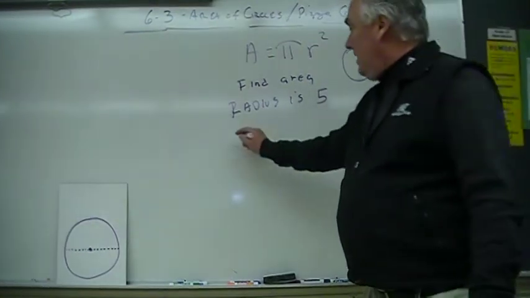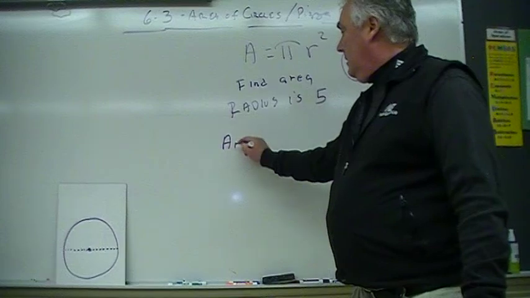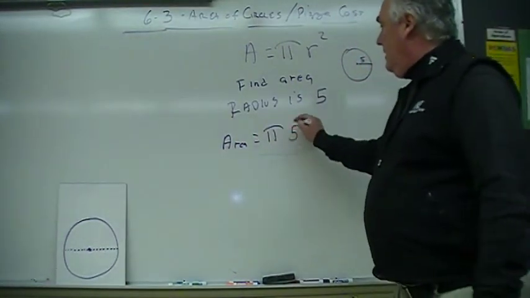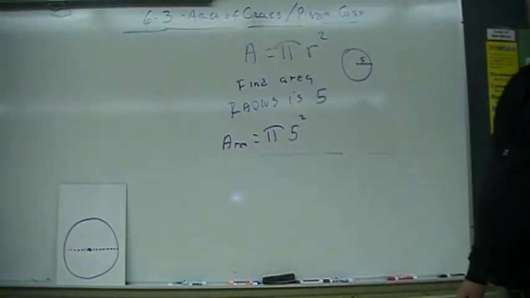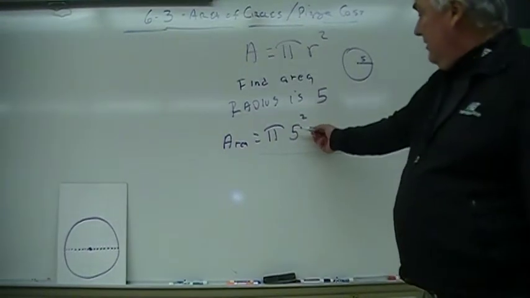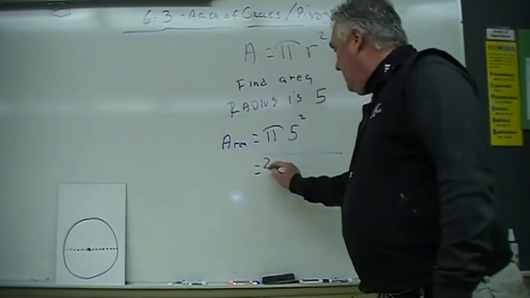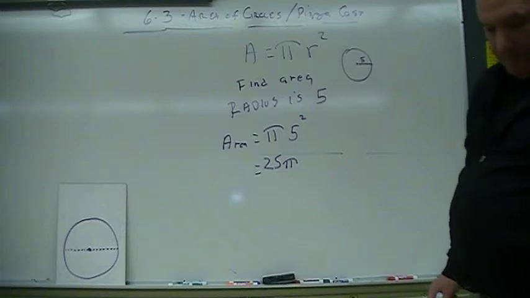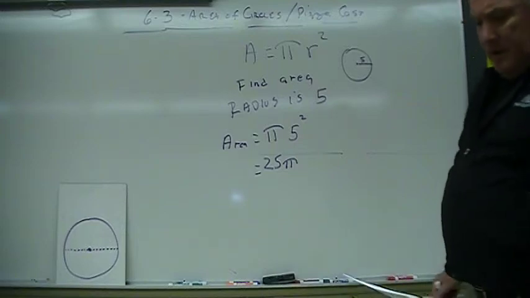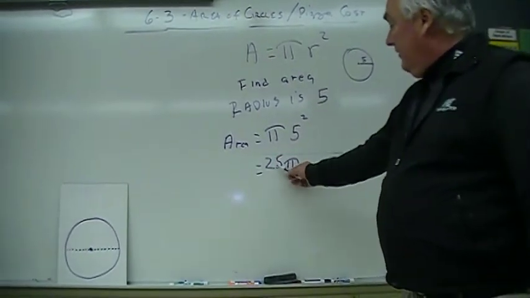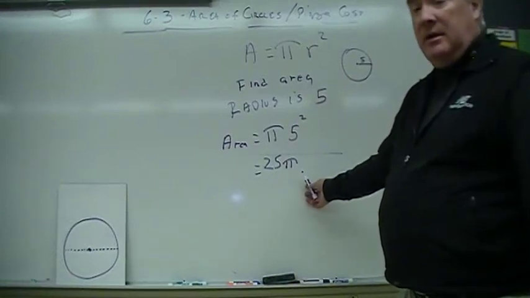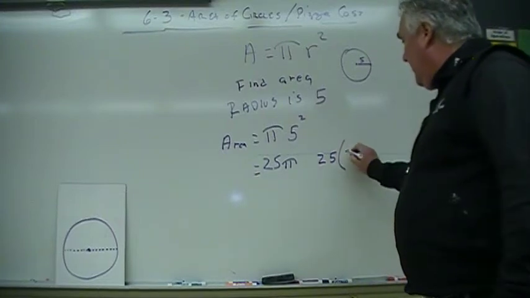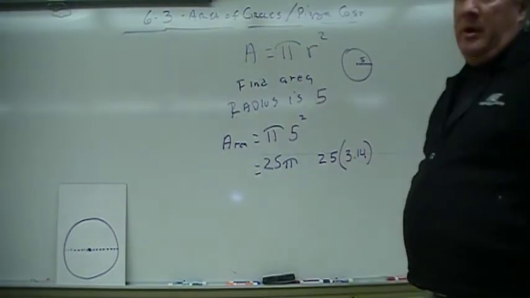How do we solve that? We don't know the area, A. It's equal to pi times 5 squared. Order of operations tell us we have to do 5 squared first. So area equals 25 pi. You can do 25 times the pi button on your calculator, or you could do 25 times 3.14.